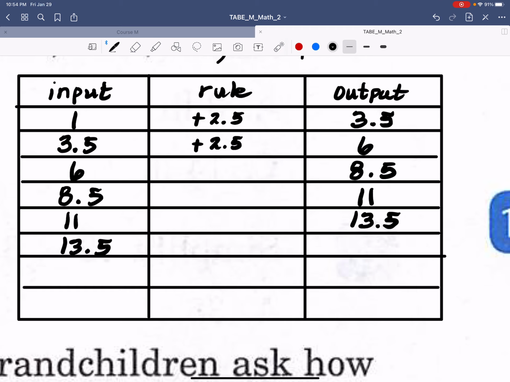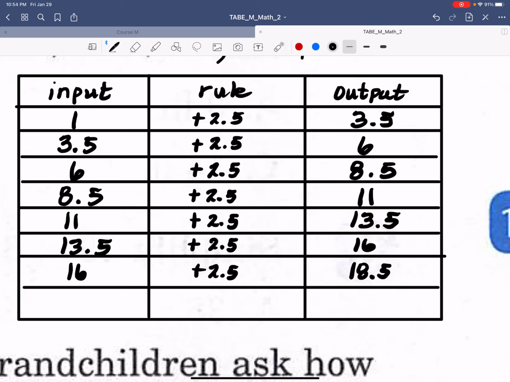3.5 plus 2.5 is 6. 6 plus 2.5 is 8.5. 8.5 plus 2.5 is 11. 11 plus 2.5 is 13.5. 13.5 plus 2.5 is 16. 16 plus 2.5 is 18.5. And then 18.5 plus 2.5 is 21.